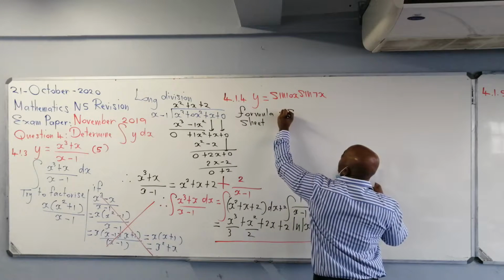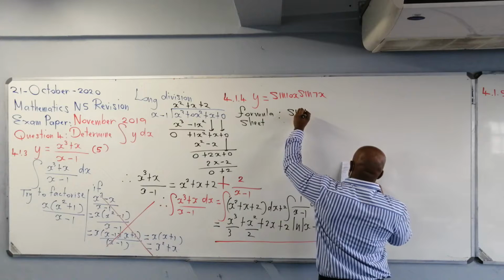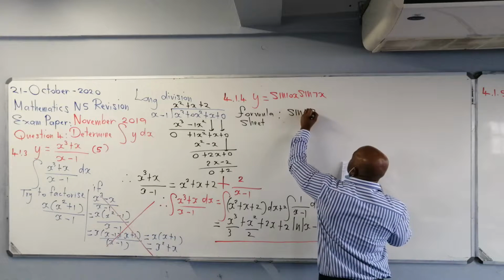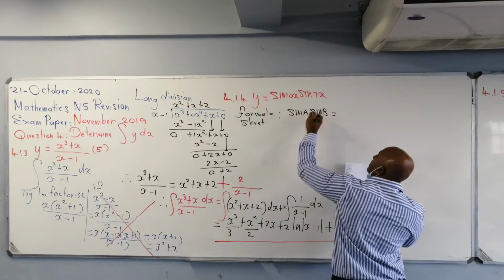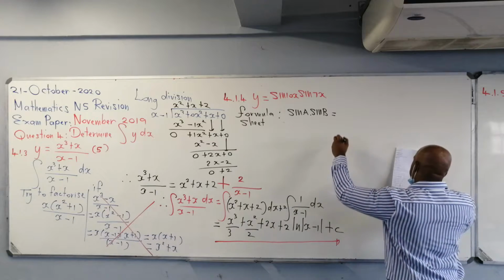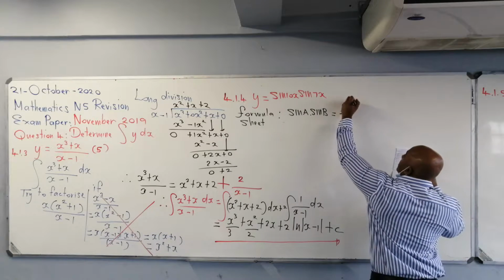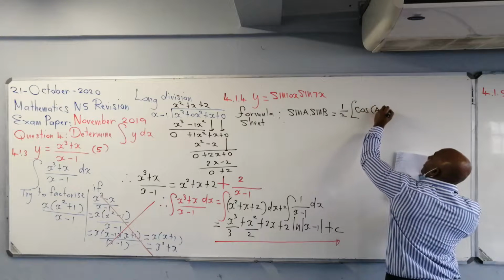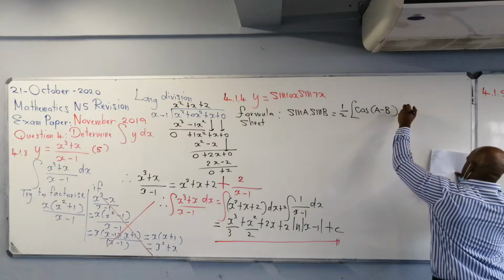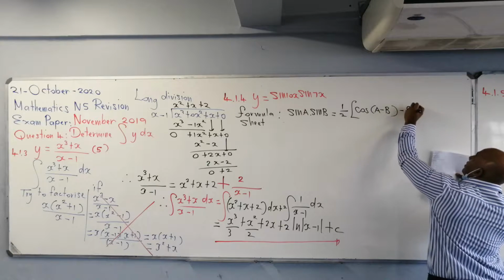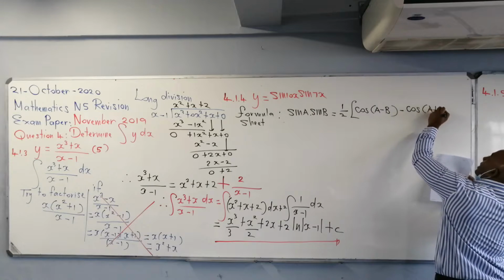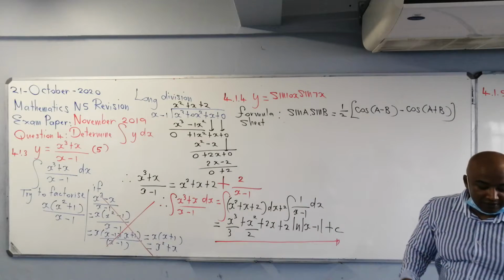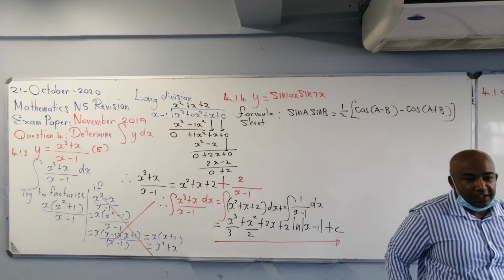You're looking for sine A times sine B. So sine A times sine B is the same as half, and then you got cos of A minus B minus cos of A plus B. Right, so it's all there on page 1.